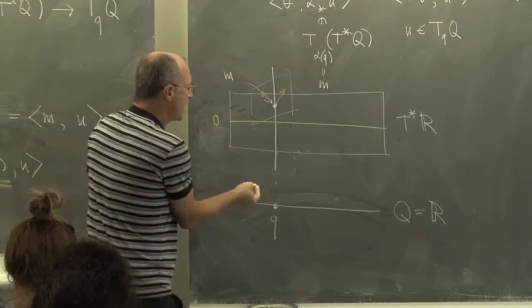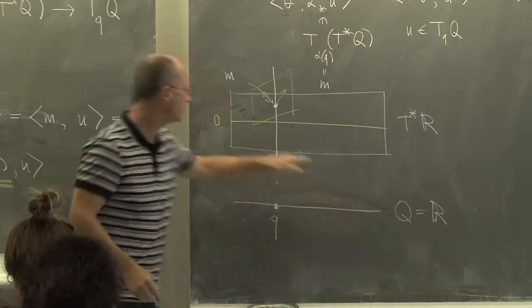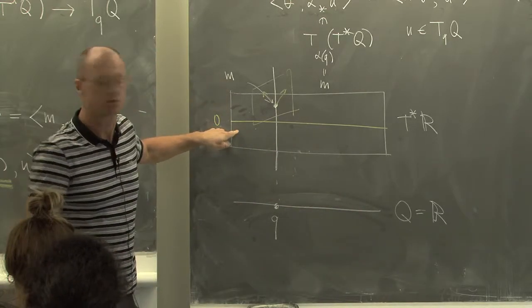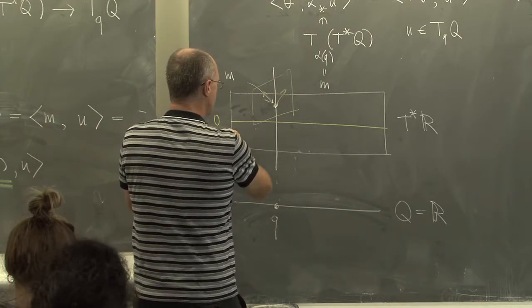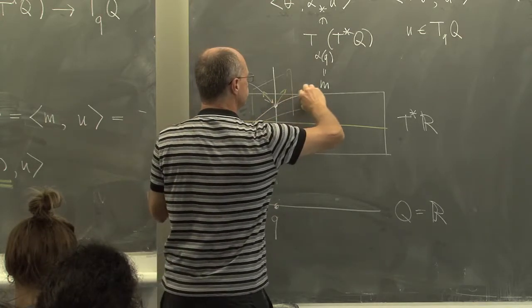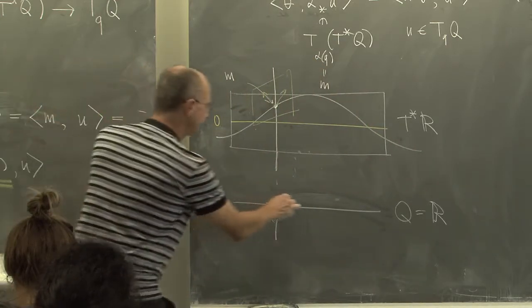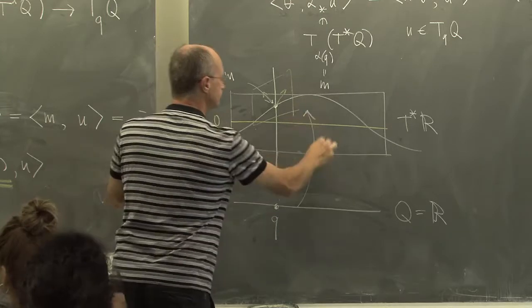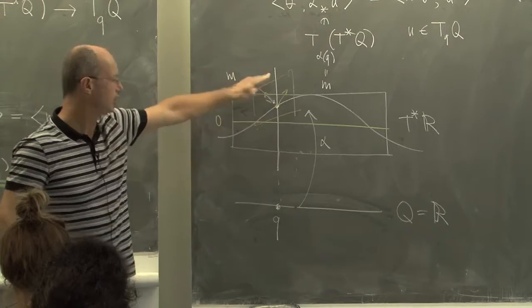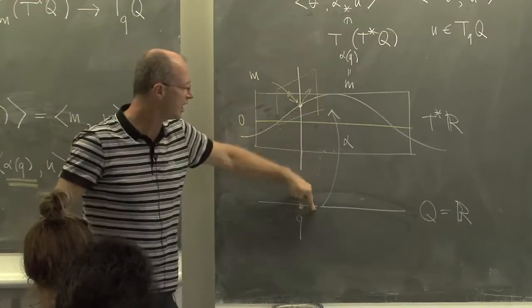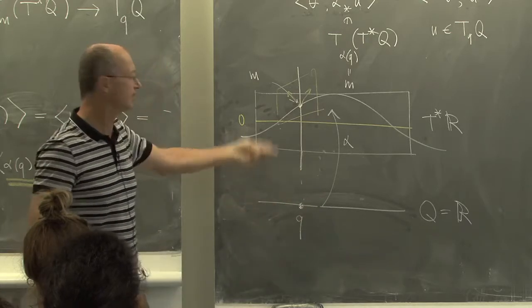Now, what are those alphas? So an alpha is a map from R to the cotangent, to the total space. So an example of an image of alpha is something like this. Right? So alpha maps the base into the total space such that alpha composed with this projection returns you back to the point where you started.